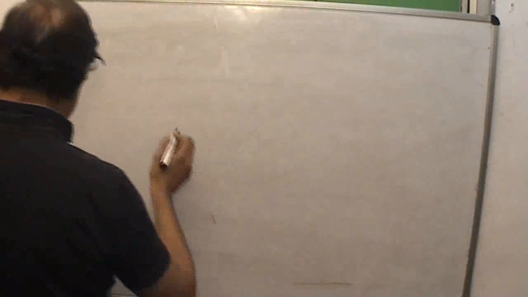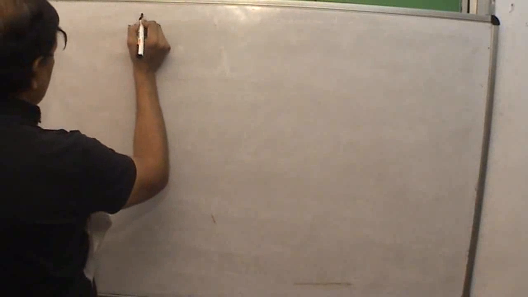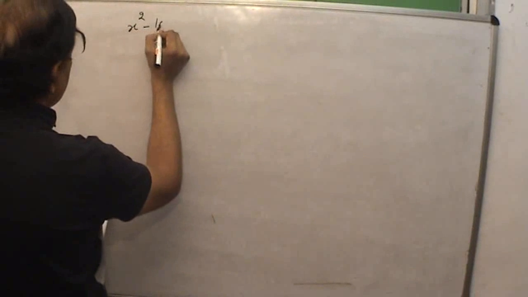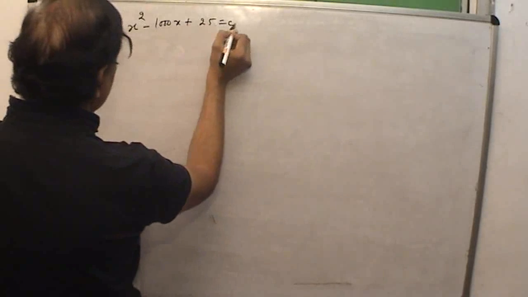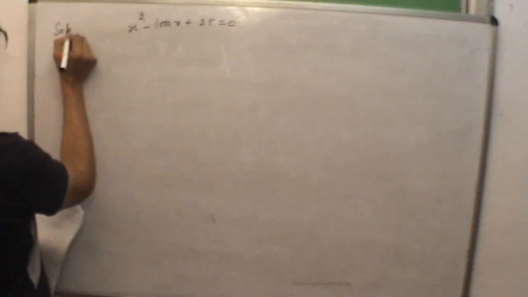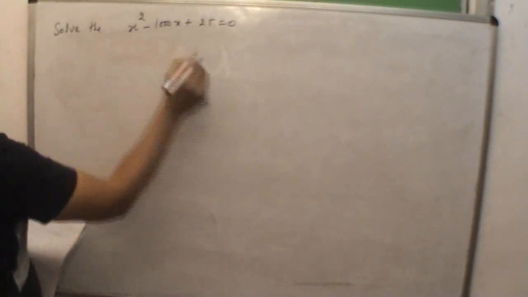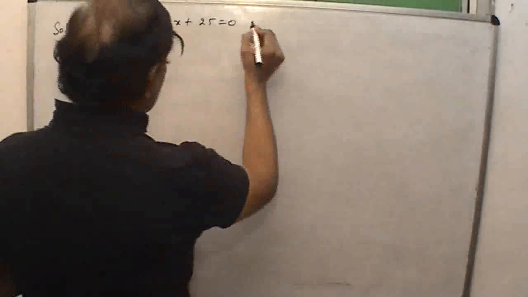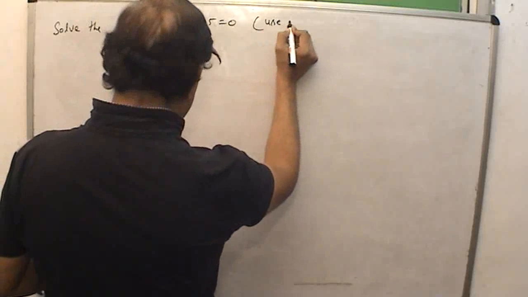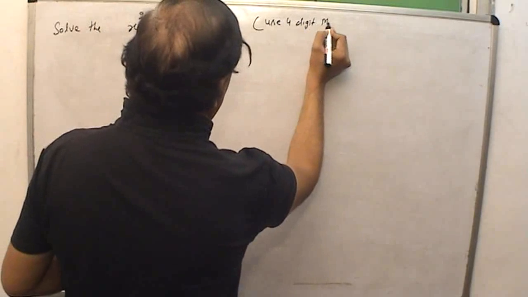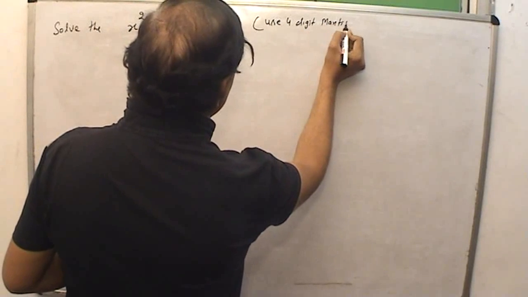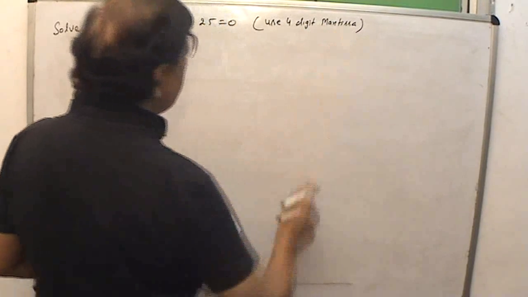We say: find the value, solve the equation x square minus 1000x plus 25 is equal to 0. Solve the quadratic equation using 4-digit Mantissa.